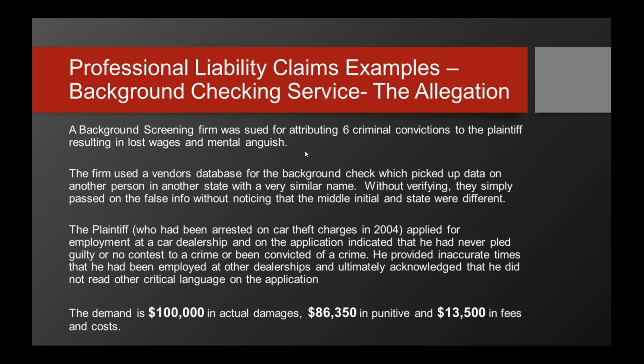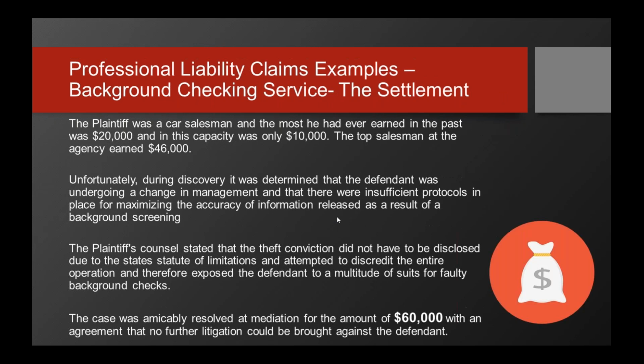The reason I bring this one up is that they didn't hire him. The demand was $100,000. This is a car salesman. The most he had ever made was $20,000, and the top salesman here earned $46,000, but yet the suit was for $100,000.